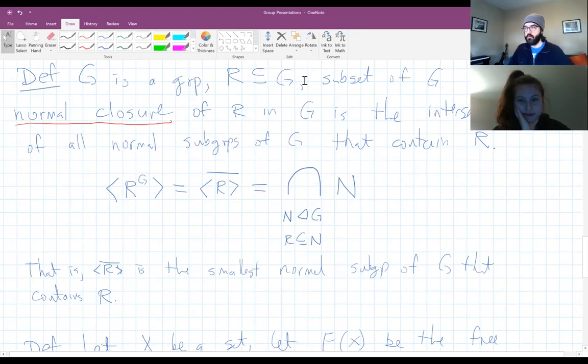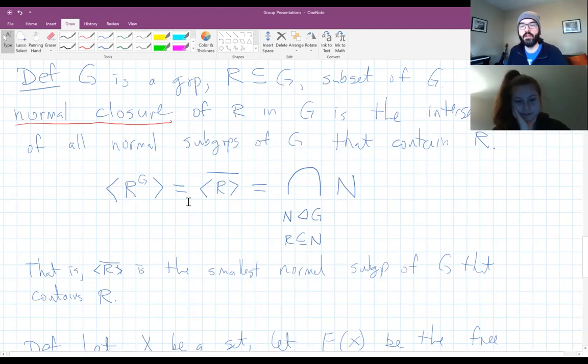R is a subset of G. To form this closure, I take all normal subgroups that contain R, and I intersect them together.